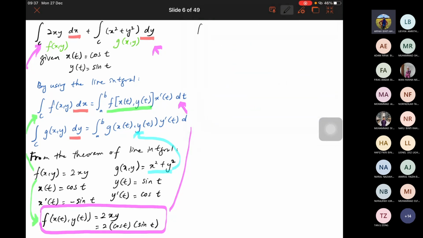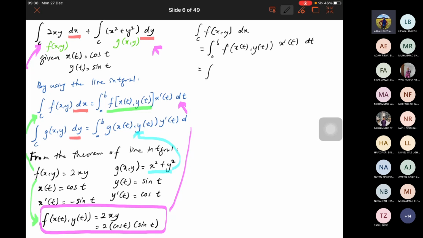So integration over the curve C, f of xy dx, it will be equal to integration over the curve A to B, okay, f of x(t) y(t) x prime t dt.